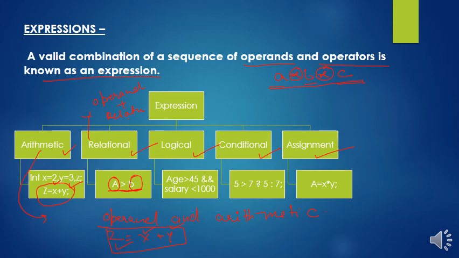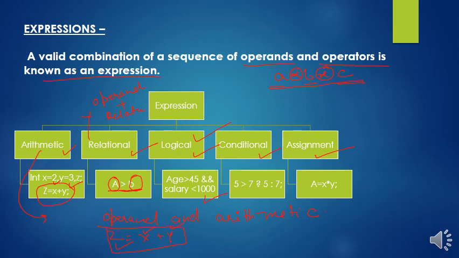Next is logical expression. A valid combination of a sequence of operands and logical operators is known as a logical expression. For example, age is greater than 45 and salary is less than 1000. So which type of expression is it? It is a logical expression.